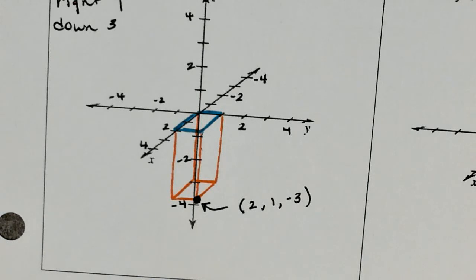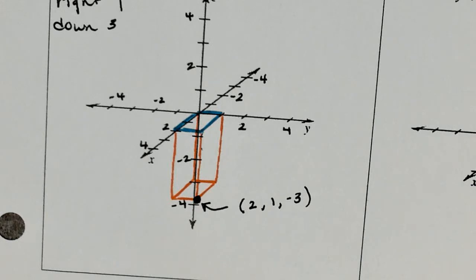So you're just drawing that 3D image. But we're plotting only one point. A box is how so that you can see the 3D, but we're still plotting one point there. Okay.